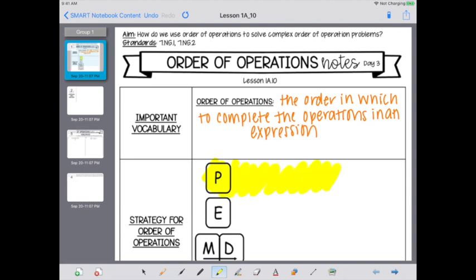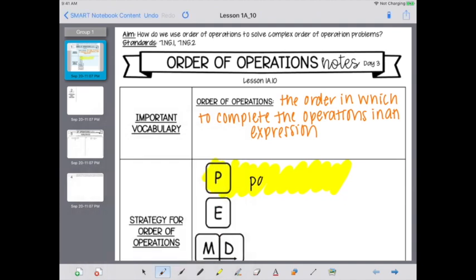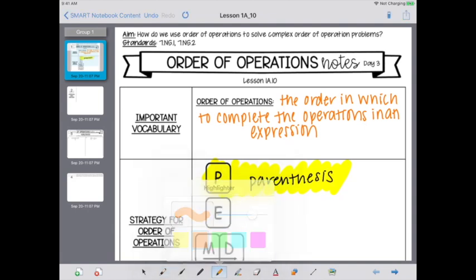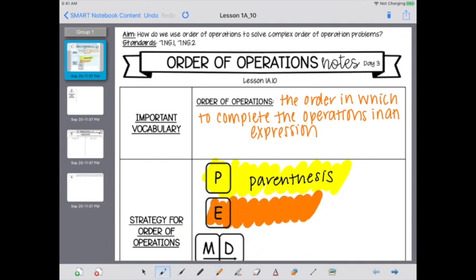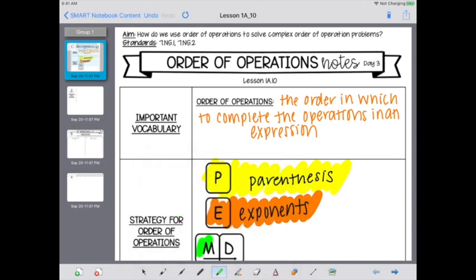So P is going to stand for your parentheses. Our E is for our exponent. We have multiplication and division.